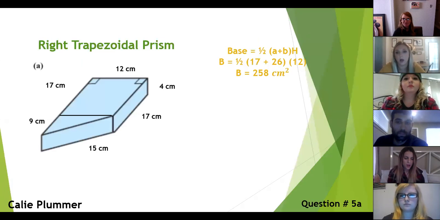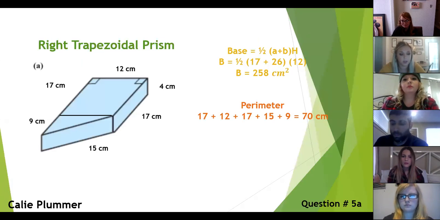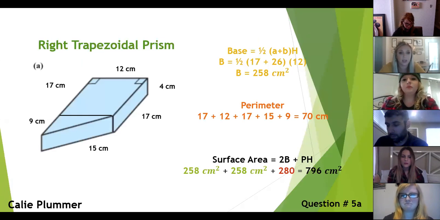And so when you plug in the correct numbers here, it would be 1/2 times 17 plus 26 times 12, which is 258. And then to plug that in for surface area, you have to find your height. And in this case, the height is 4. So you make sure not to get this confused with the measurement of the longest side of the triangle, because that's not correct.